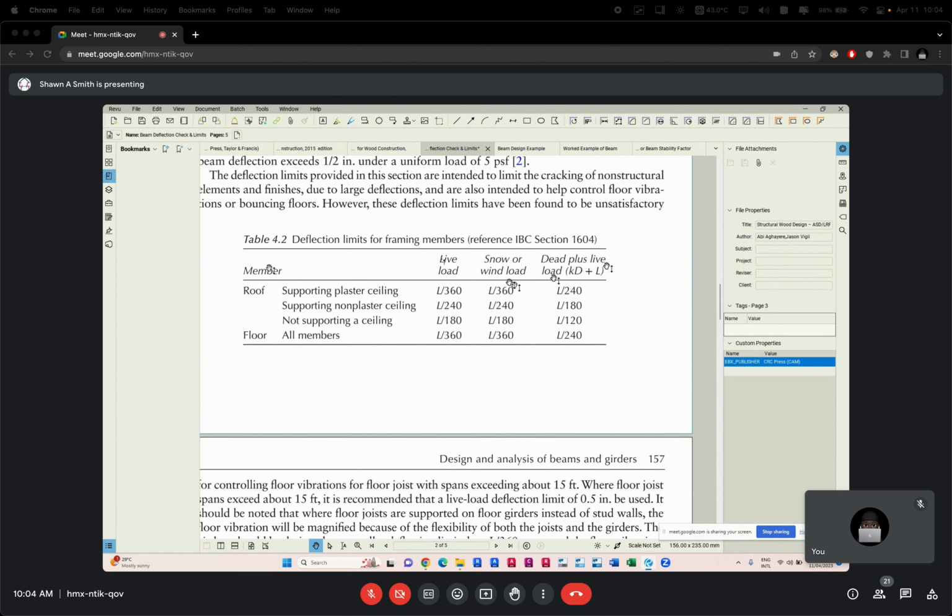So it's dead plus live. Then the allowable deflection is L over 240, which is a larger deflection really. This is larger because the denominator is smaller, that means it's a larger value. And it's because you have a combination of loads now. So it allows for more deflection.